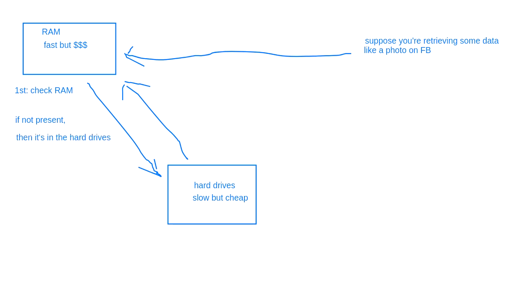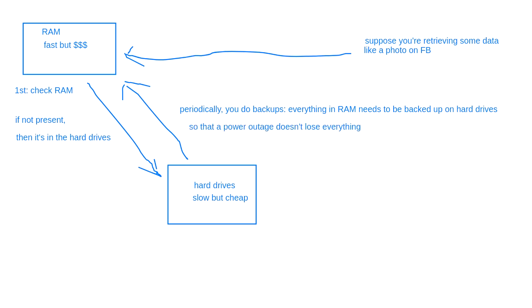And periodically, you do backups. Okay, so everything in RAM needs to be backed up on hard drives so that a power outage doesn't lose everything. Okay, that's the basic idea.